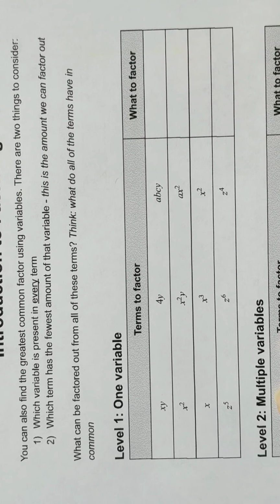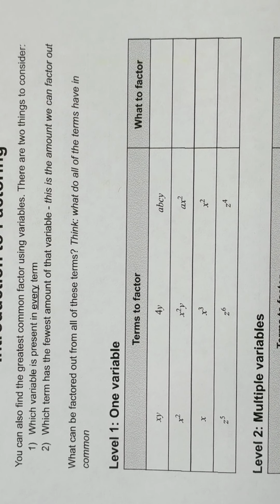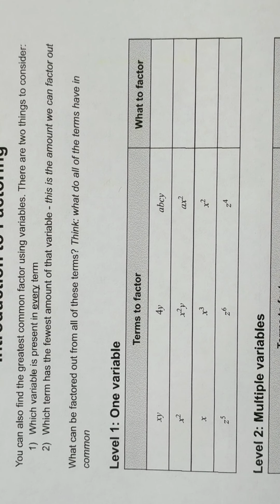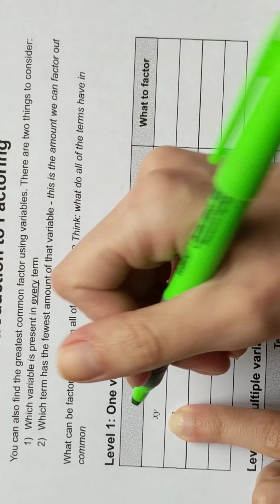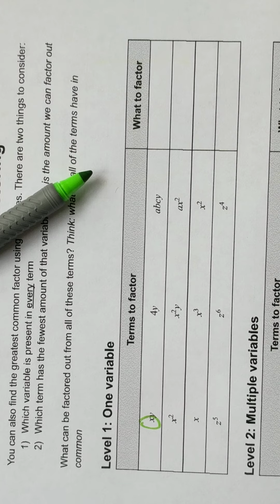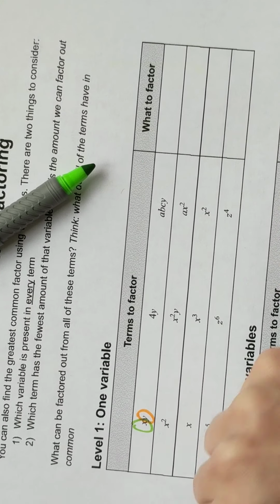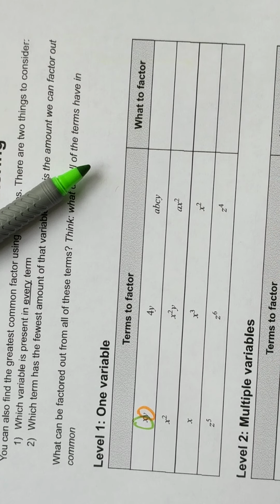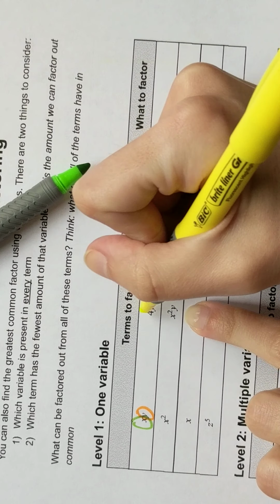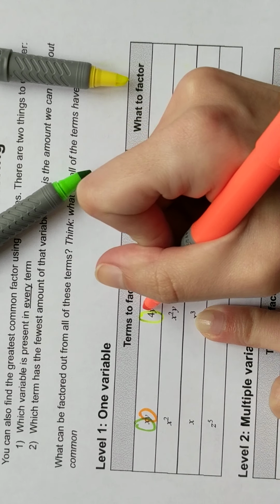Let's do level 1 here. I am just looking for what all of the terms have in common. Here, in my very first example, I have an x, we'll do x in green, and I have y. Okay? I have an x and I have a y. Next, I have a 4, that's a whole number, and I also have a y.